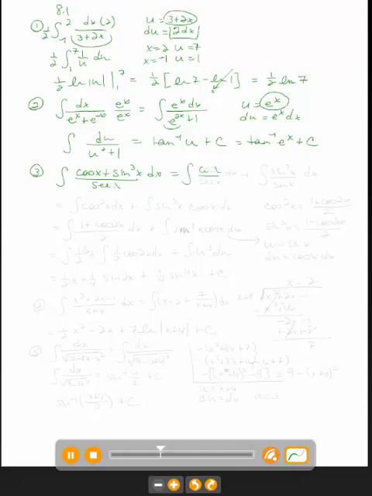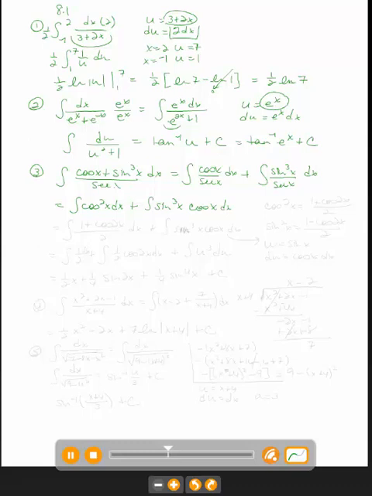We could do cosine of x over secant of x dx plus sine cubed of x over secant of x dx. Now the first integral, if I bring the secant upstairs, that's cosine squared of x. The second one, when I bring the secant upstairs, is sine cubed of x cosine of x.